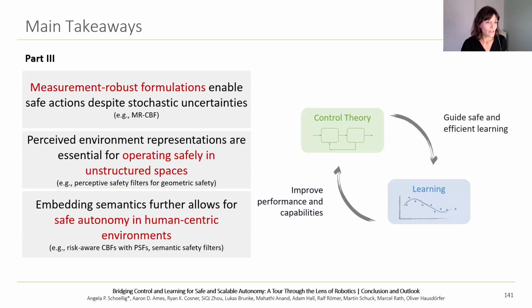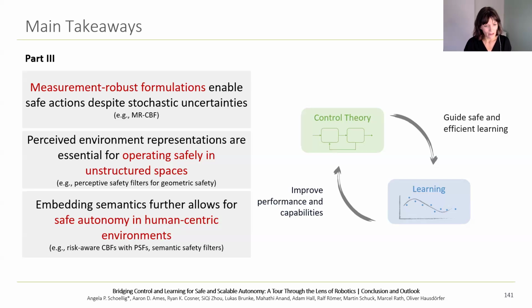And then in part 3, we really close the loop by looking at perception and how we can model the perception uncertainty and take this into account, how we can operate as a result safely in unstructured environments, because we can perceive the environment and use the right environment representations that are amenable to control techniques.